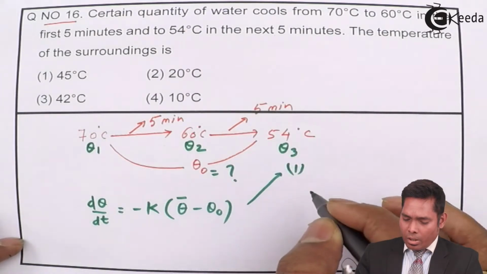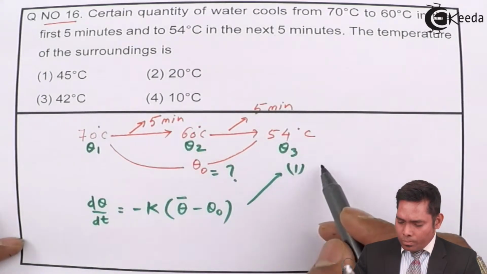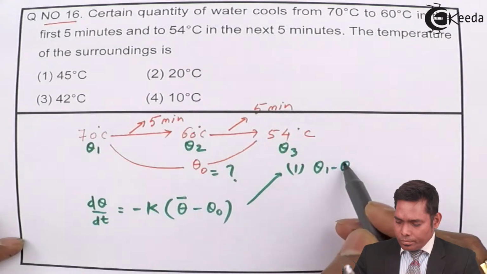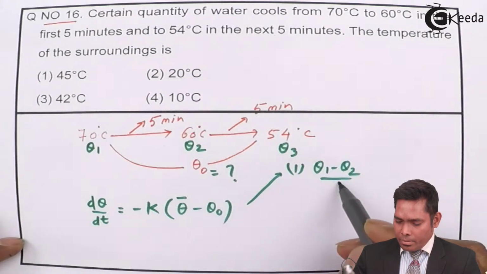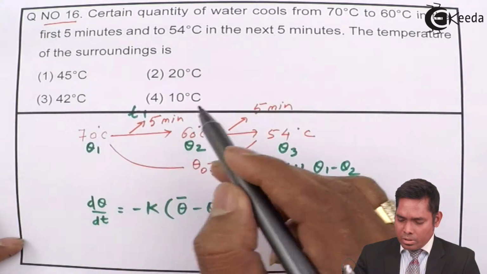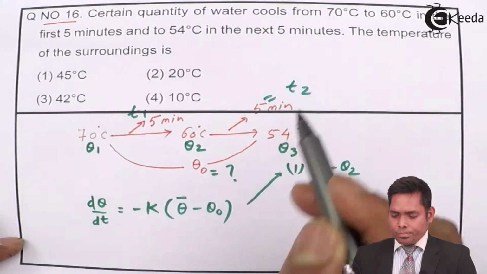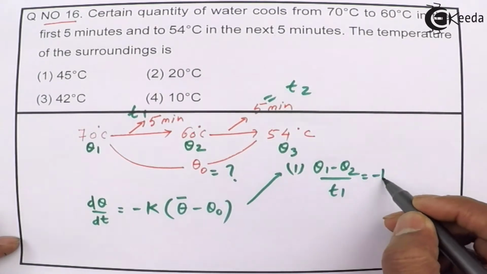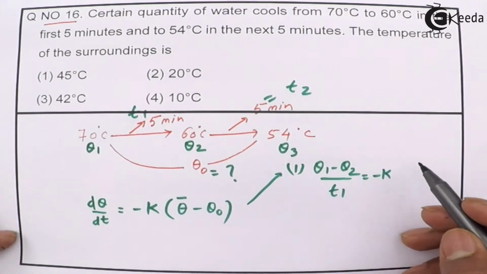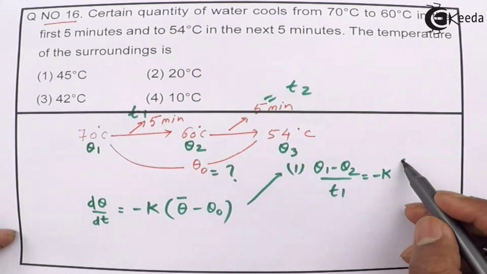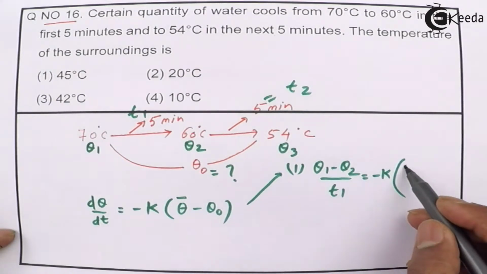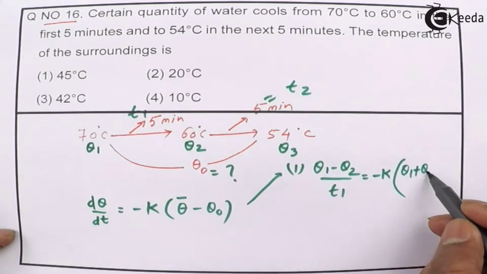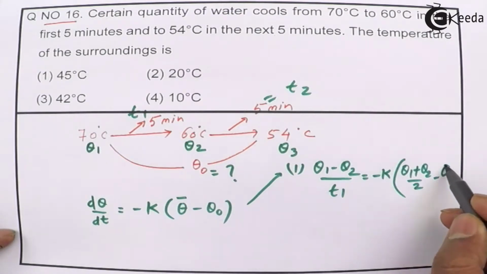Equation 1: theta 1 minus theta 2 divided by the time, suppose this time is t1 and this time is t2, by t1 is equal to negative of k, or only k you can write, no problem with that. Theta average is theta 1 plus theta 2 divided by 2 minus theta naught.